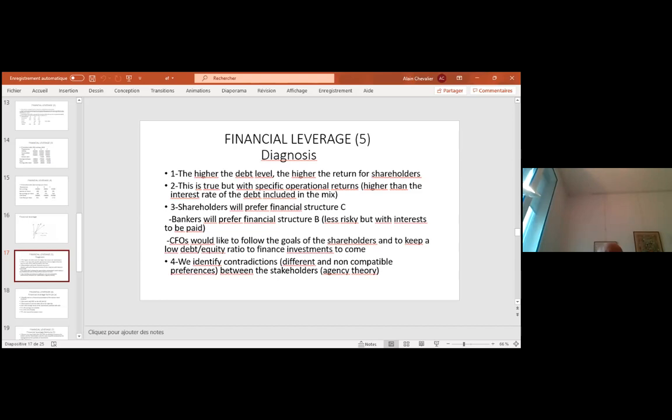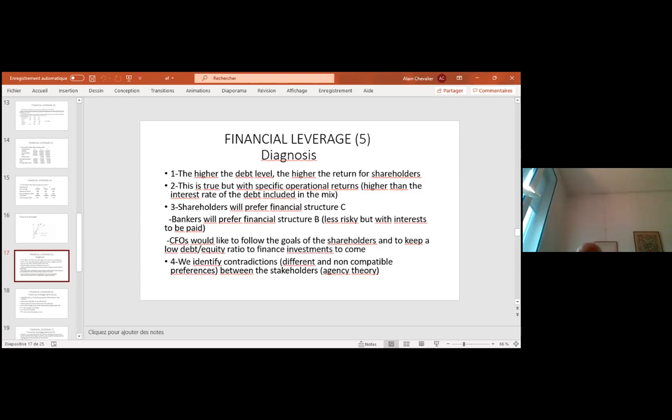So very often, banks are in a position with contradictions. And in their decision, the bankers have to integrate this contradiction. What about risk?